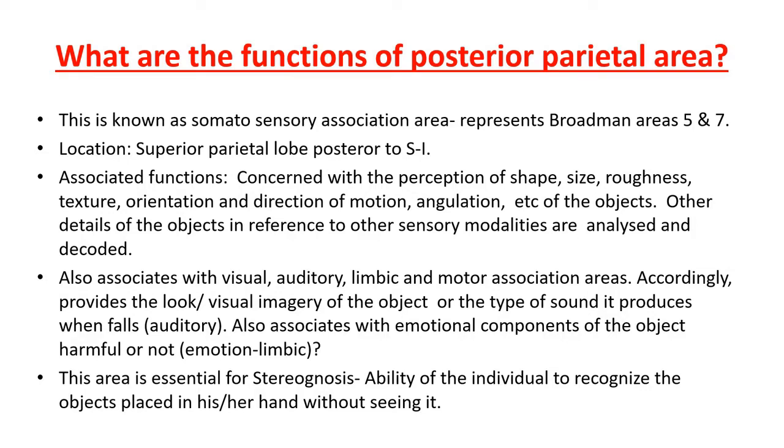So accordingly, by just touching, a visual imagery can be obtained, or the person will have a visual imagery of the object he has touched. Or he can imagine what type of sound that object may produce if it falls. That is an auditory association area.